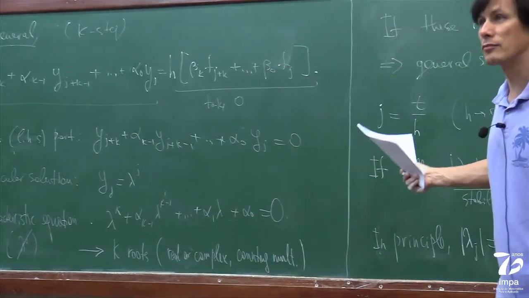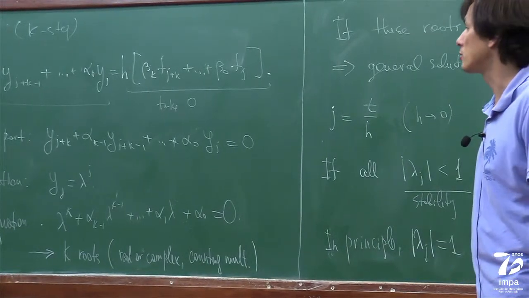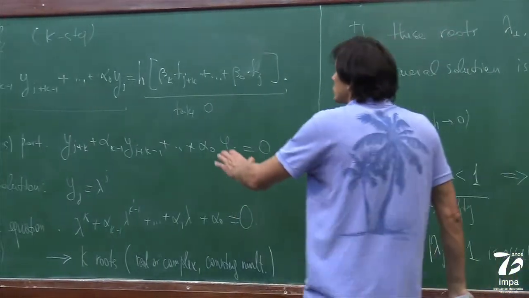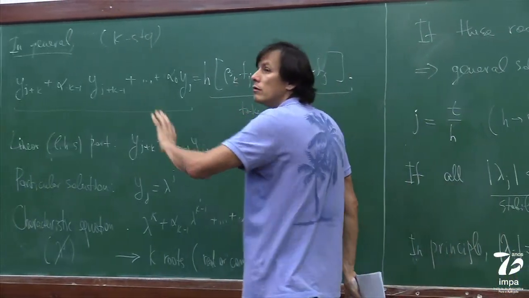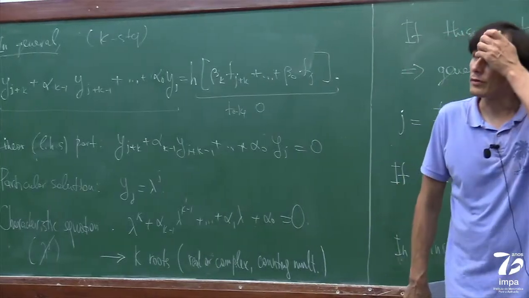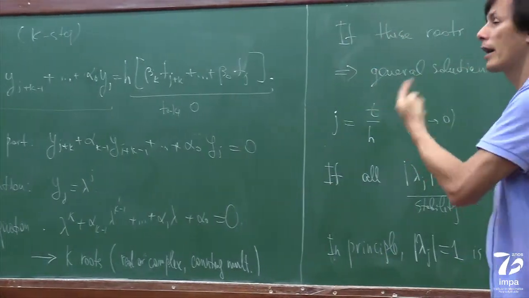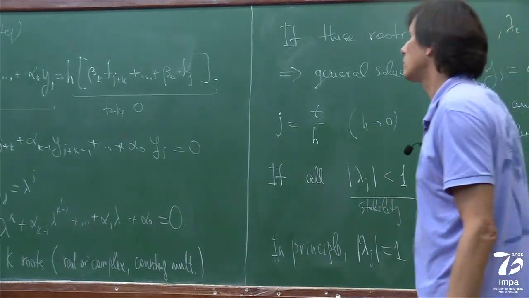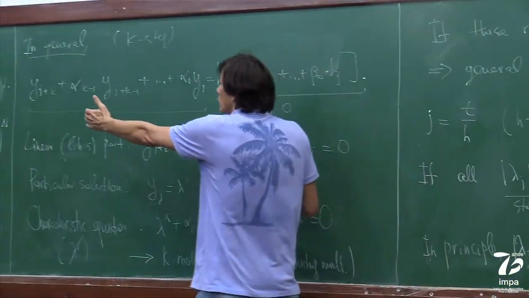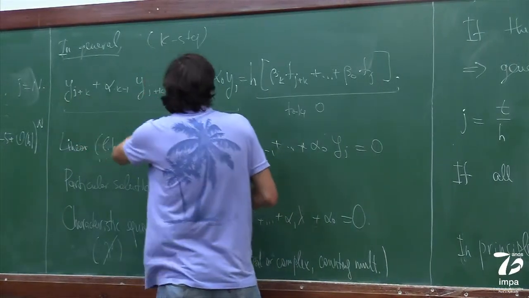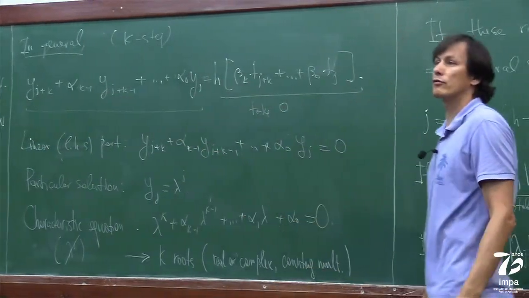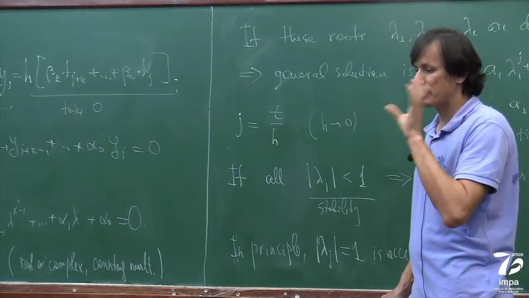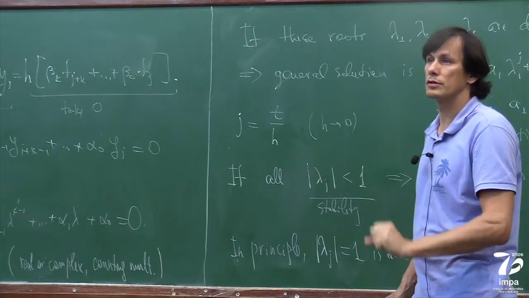But if f is something very complicated and very costly to compute, then this method gives you a high order method with just one computation. And in principle, if you take larger k, you can get quite a high order method just by computing a single function. Every step you compute the function once. So that's a gain.